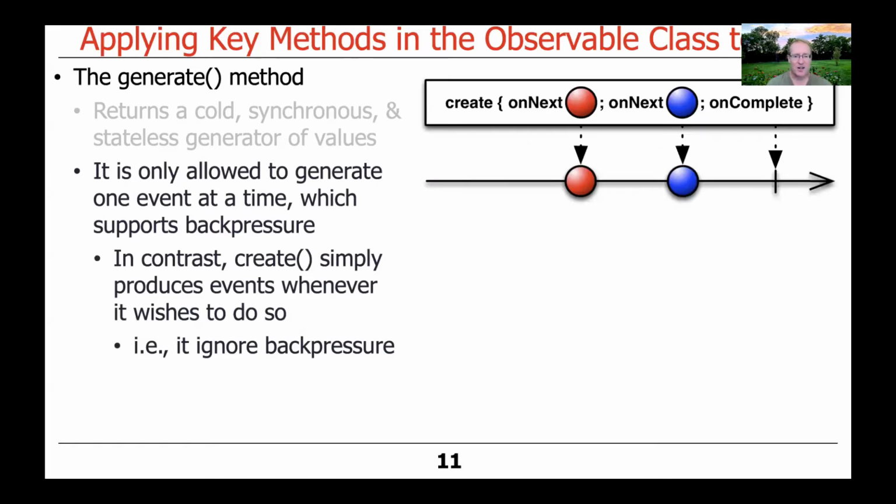So in contrast, the create method that we've talked about before will just generate events whenever it feels like it, and it doesn't take into account any back pressure. So you can end up overwhelming the amount of processing that's going on there. So create, which we looked at before, is sort of a variant of generate.